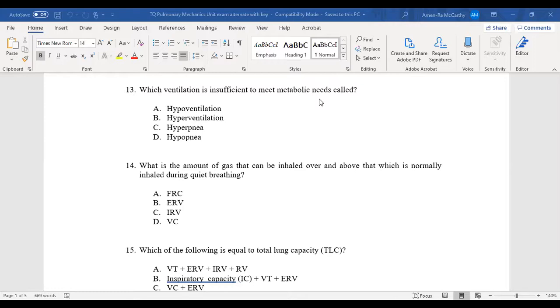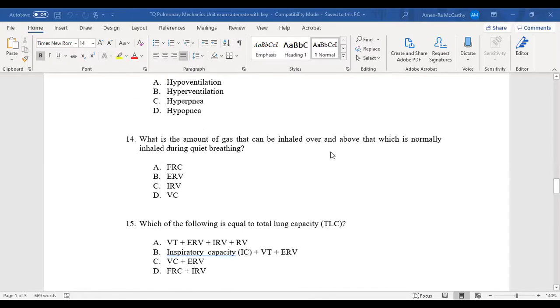That's insufficient. Hypopnea is not even a word. So hypoventilation is the term you're looking for there, guys, when I'm not ventilating enough. I'm not blowing off enough. The whole name of the game is to get rid of CO2.